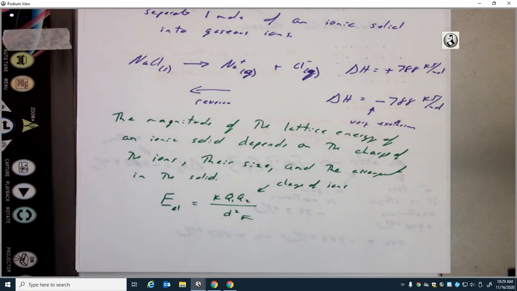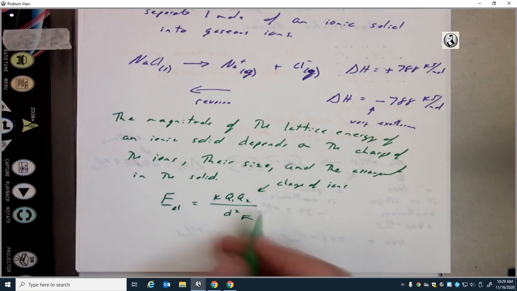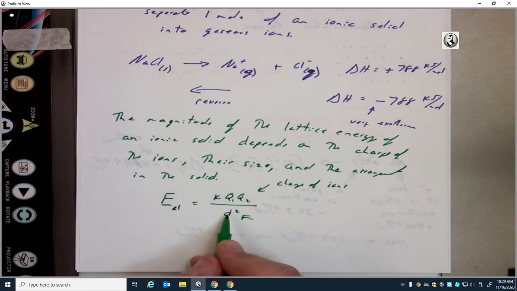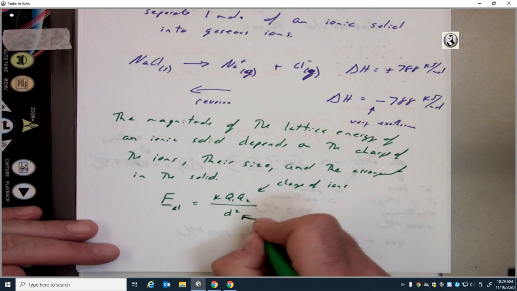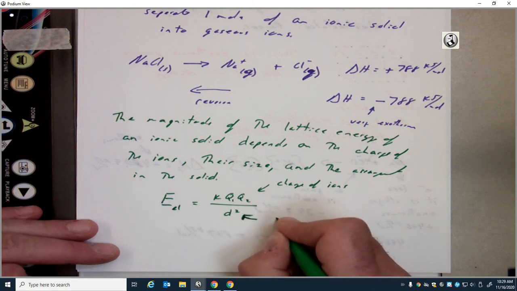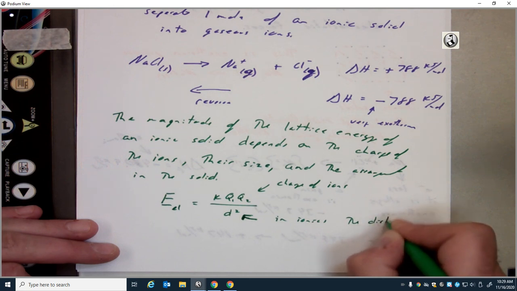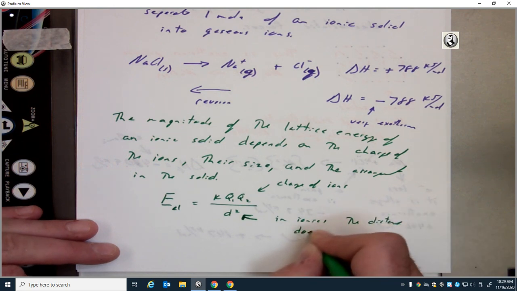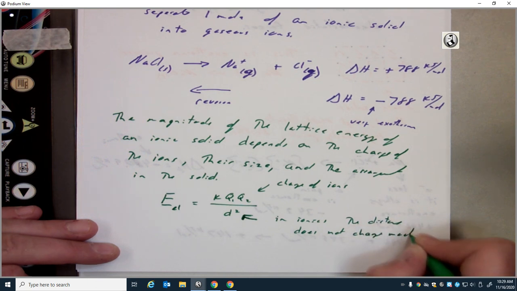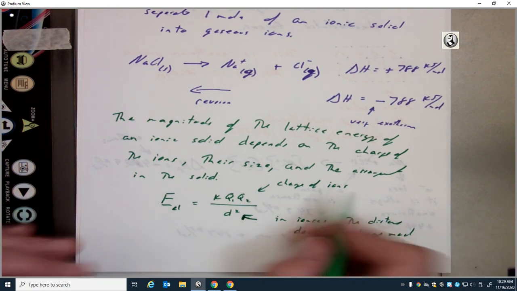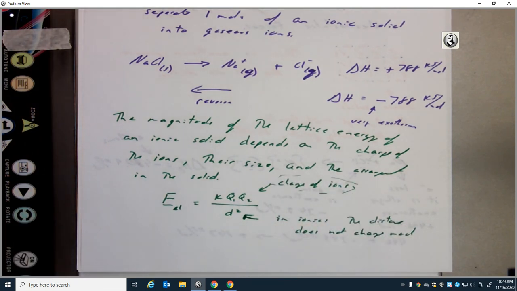The distance between them, when these ionic compounds form, does not change much. It does a little bit, but not very much. So our big change is often the charge of the ions.